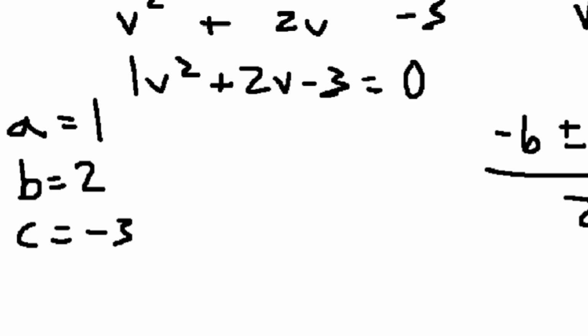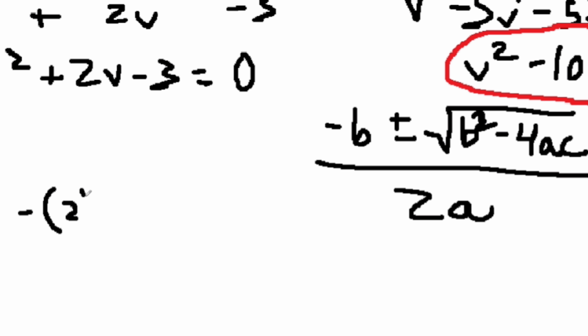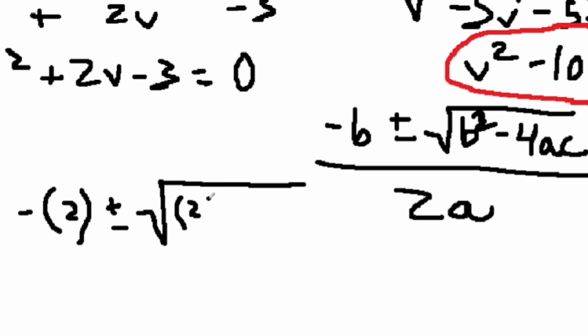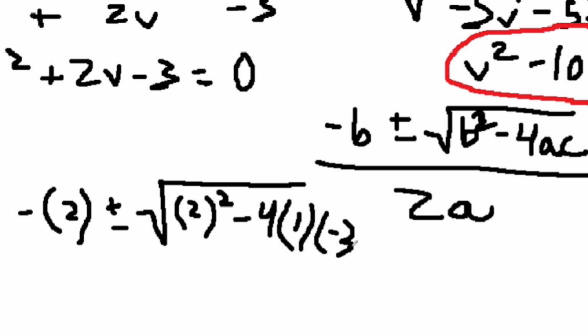Now let's just factor this in. Minus 2 plus or minus root b squared, so 2 squared minus 4, a is 1, c is negative 3.